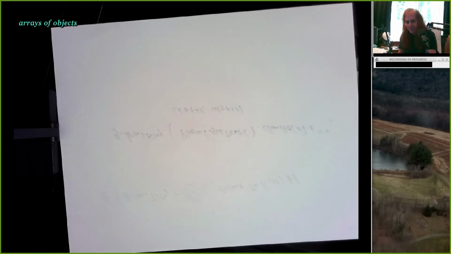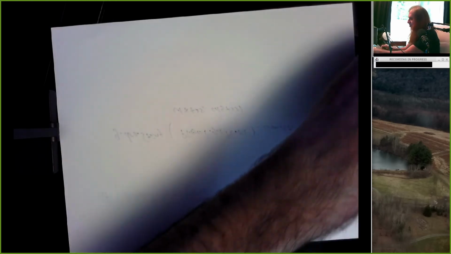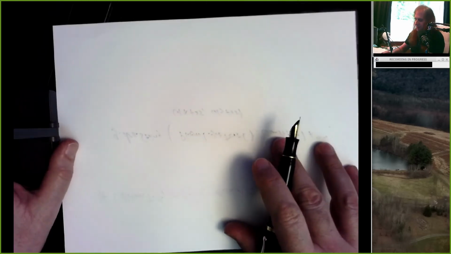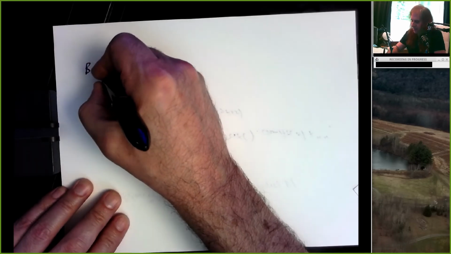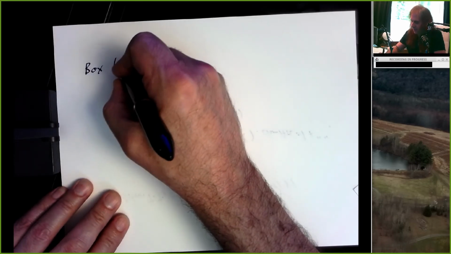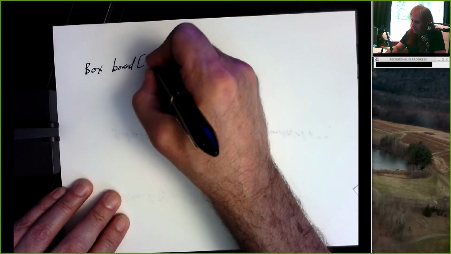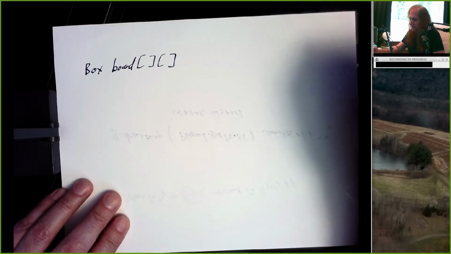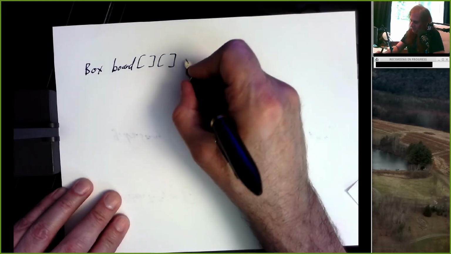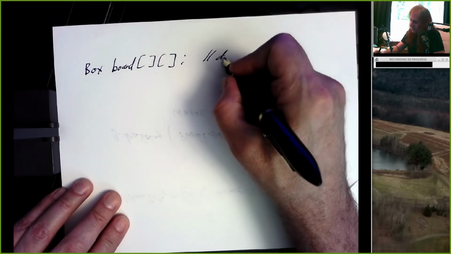So arrays of objects. Let's suppose it's a Box object, and let's suppose our array is going to be called board. So we're going to say Box, and then the name of the object. And for a two-dimensional array, two open and close brackets. And that's really the declaration.